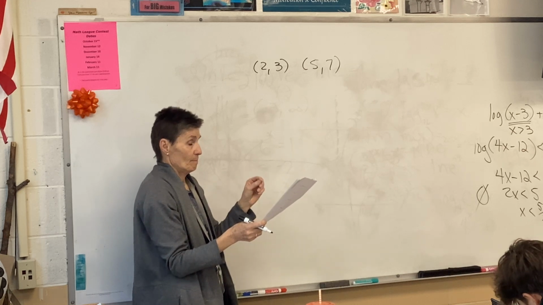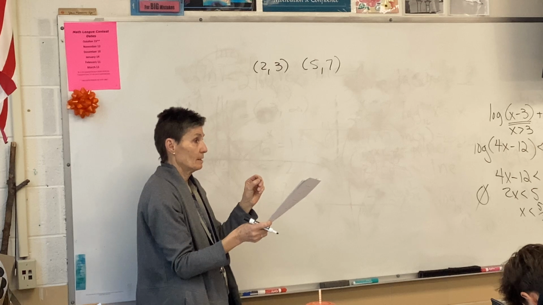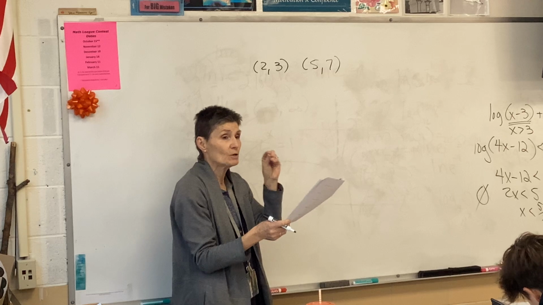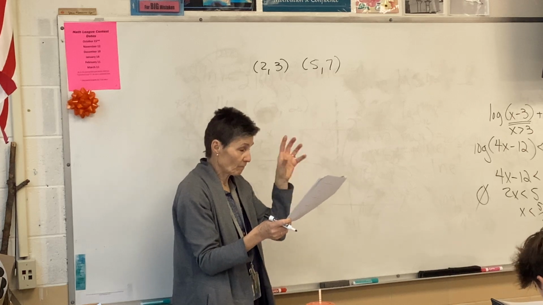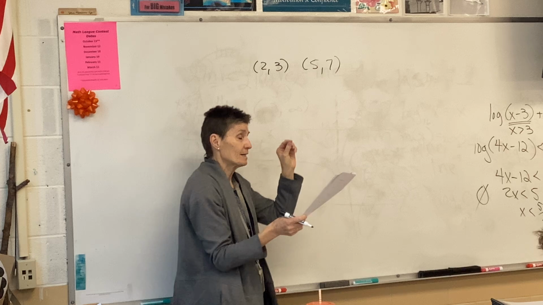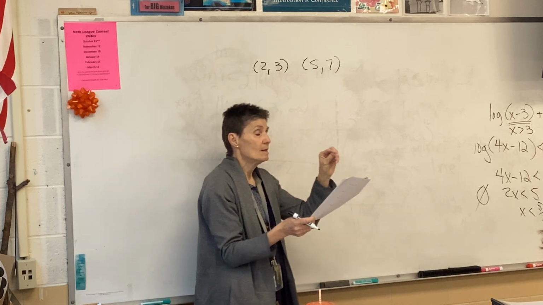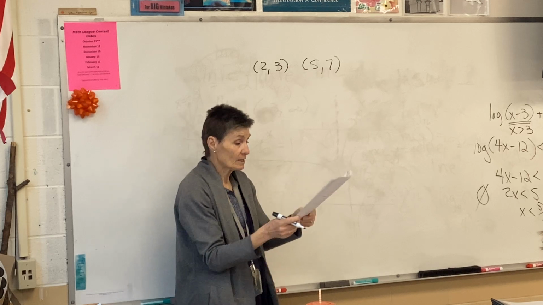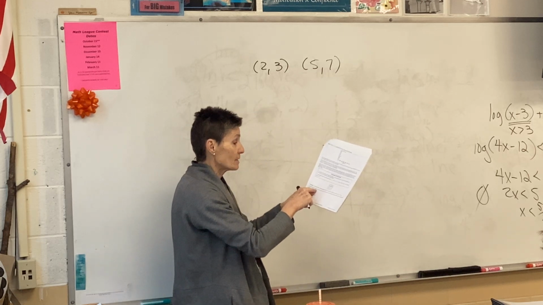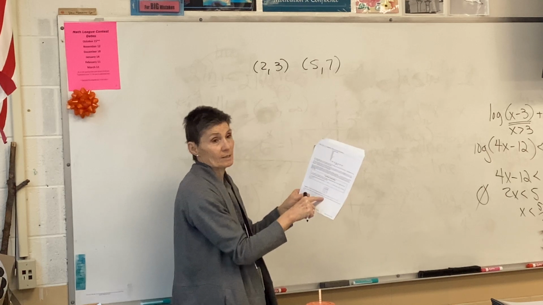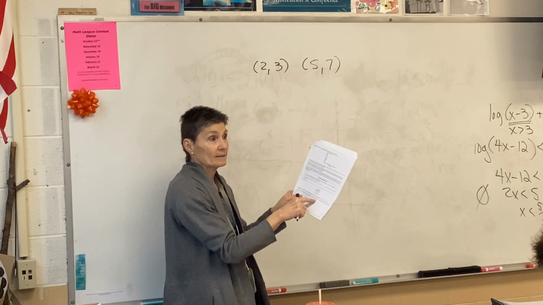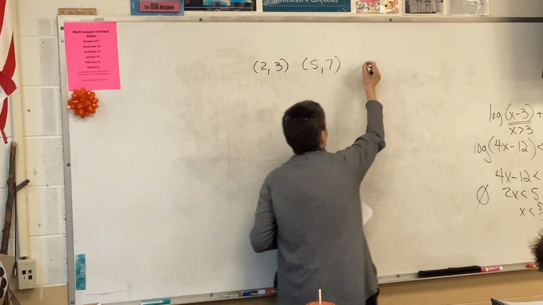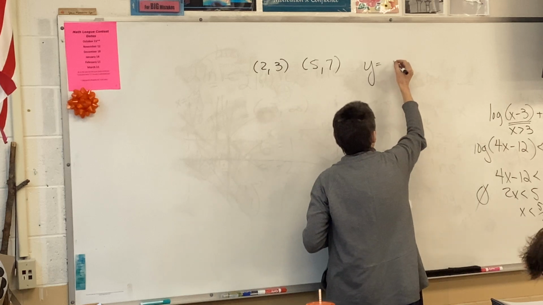On your exam, you had a question like this. It wasn't logarithmic regression, but it was a different kind of regression, and some of you missed points. It was your big free response, and some of you missed points because you didn't do what the directions said. There are different ways to find your equation, but they're telling you specifically, use the given data to write 2 equations that we're then going to solve to find A and B. We're writing an equation that looks like this.